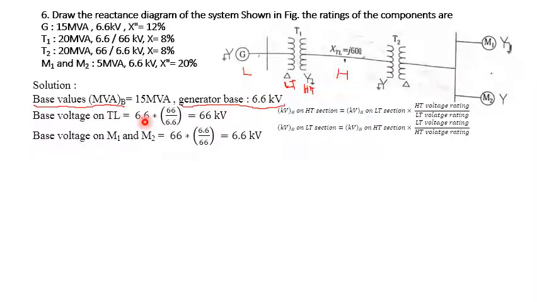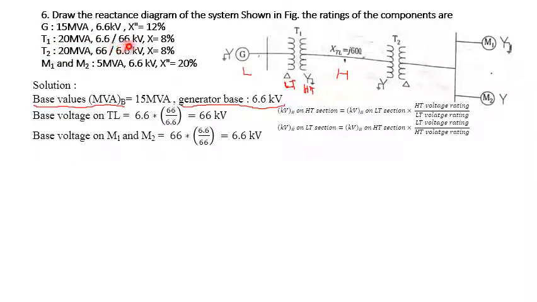Thus this is 6.6 kV into, so what is the rating of the transformer? Understand? It should be the ST rating of the transformer divided by the LT rating of the transformer. The ST rating means what they have mentioned in the numerical.